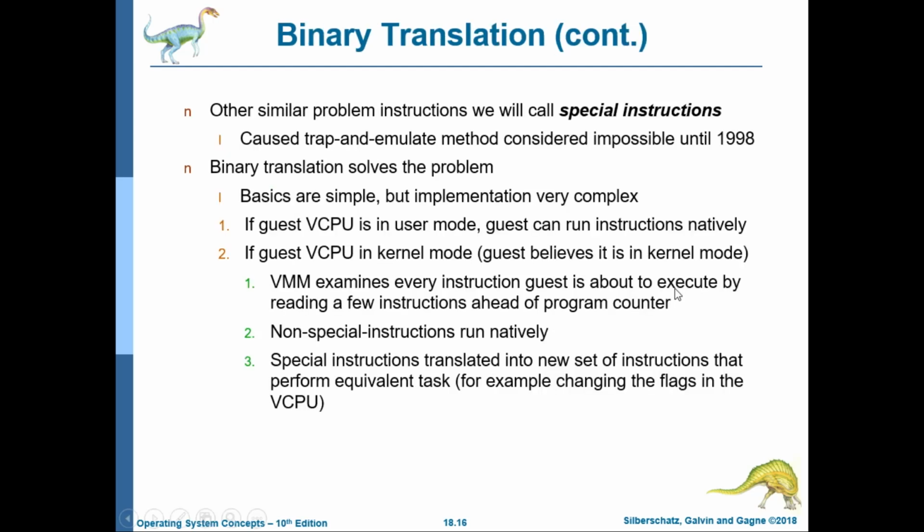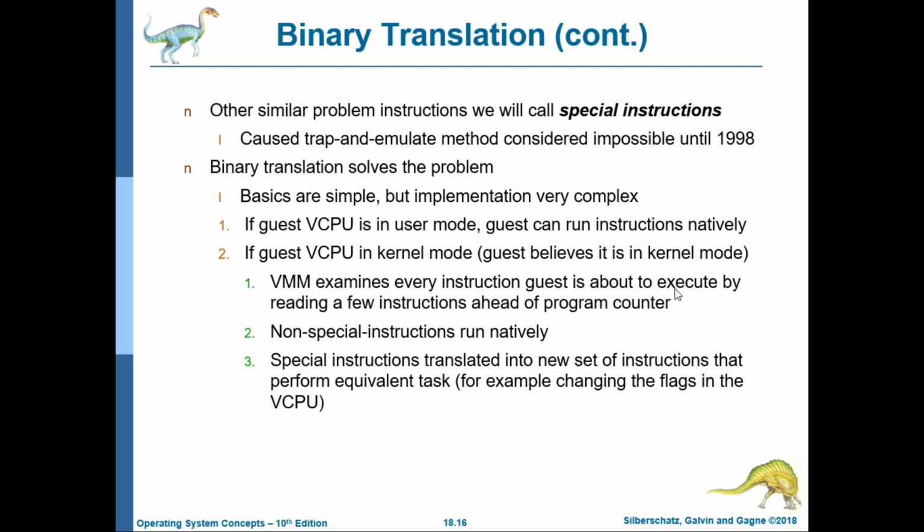Okay, let's continue our discussion with binary translation. Other similar problem instructions we will call special instructions. These made the trap-and-emulate method considered impossible until 1998. Then of course binary translation solved the problem. The basics are simple, but the implementation is very complex. If the guest vCPU is in user mode, the guest can run instructions natively.